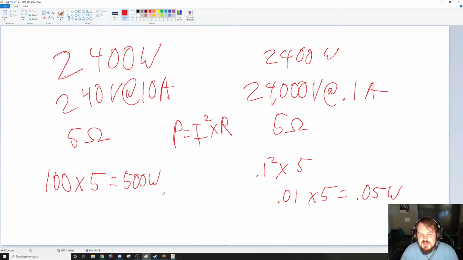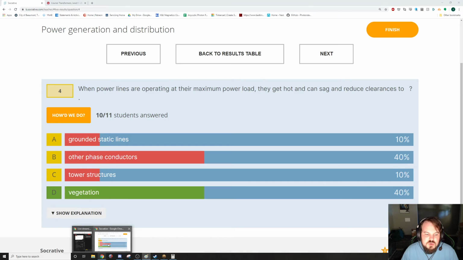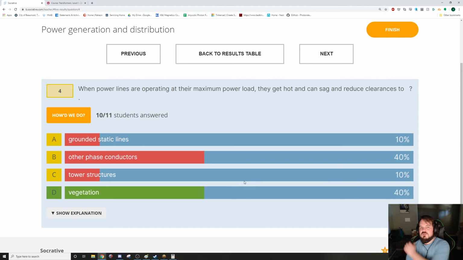So that might not be 500 watts over 5,000 foot. It isn't going to be that big of a heat source, but that's a 110 amp load. You could imagine if you have a whole street of houses pulling just astronomical amounts of wattage. That's not even a 120 amp breaker.